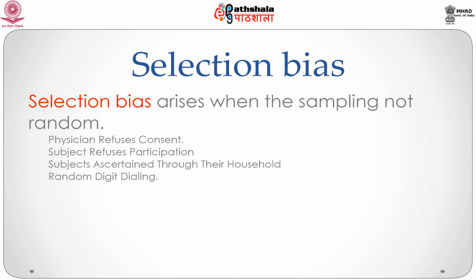So this could occur, for example, if physicians refuse consent, if the subject refuses to participate, if subjects are ascertained through their households. So say, for example, we are looking at a study of the association between physical activity and the occurrence of coronary heart disease, and households are sampled during weekdays.